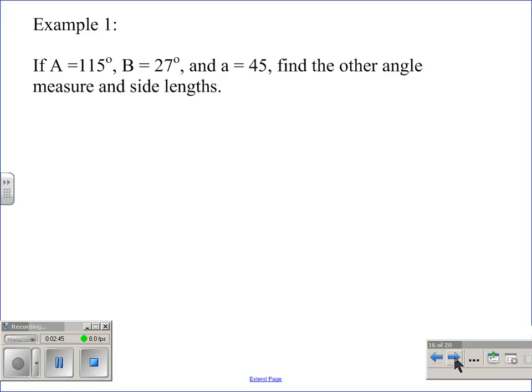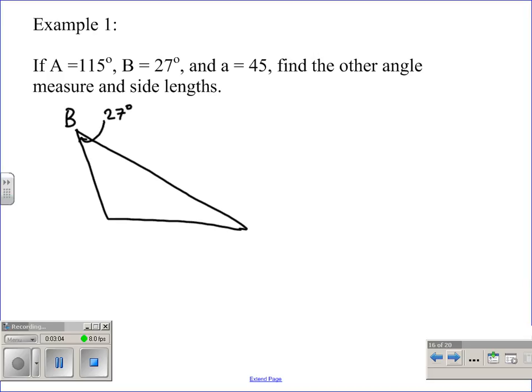Okay, here's our first example. I'm going to give us a triangle for a visual here. What we have is the measure of angle B is 27 degrees. We don't know the length of side b.